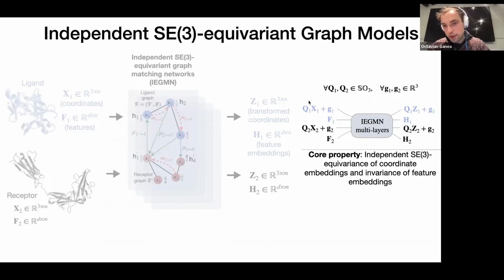This formally means that if we rotate and translate the 3D point clouds of the two proteins with completely independent rotations, Q1 and Q2, and independent translations, g1 and g2, we are going to see that deterministically in the output. So the output is always going to be transformed as such. But you see, this is very different from single objects. In single objects, a single rotation and translation of the input is going to affect a single output.